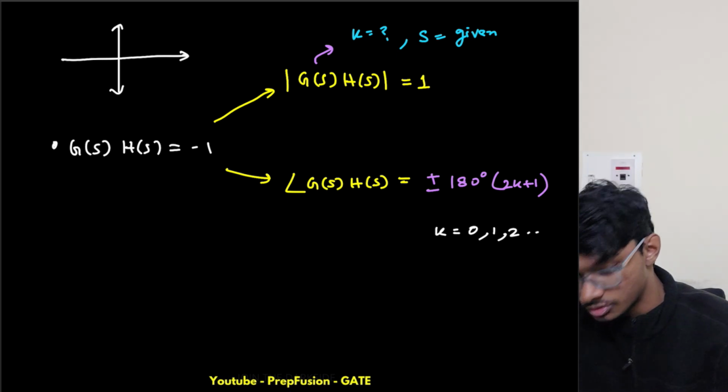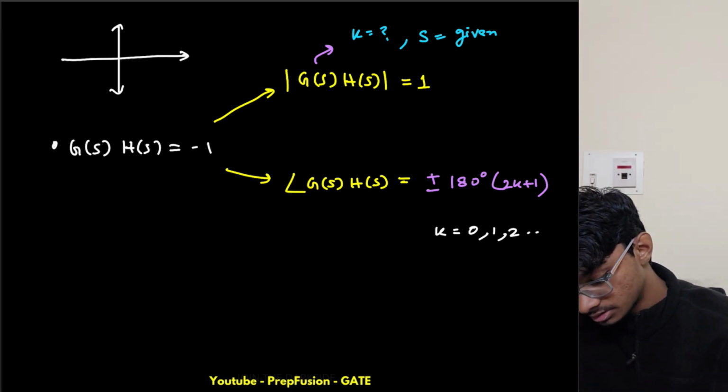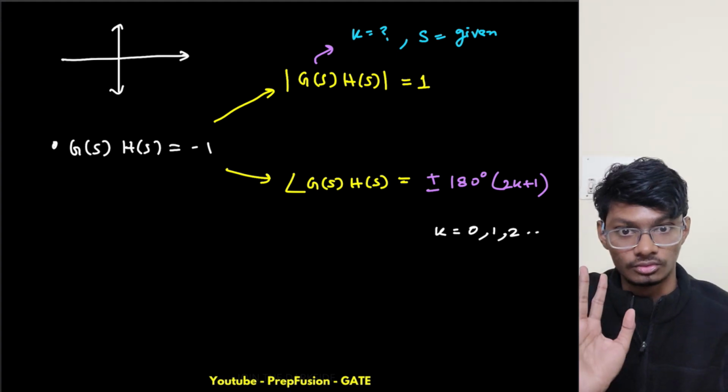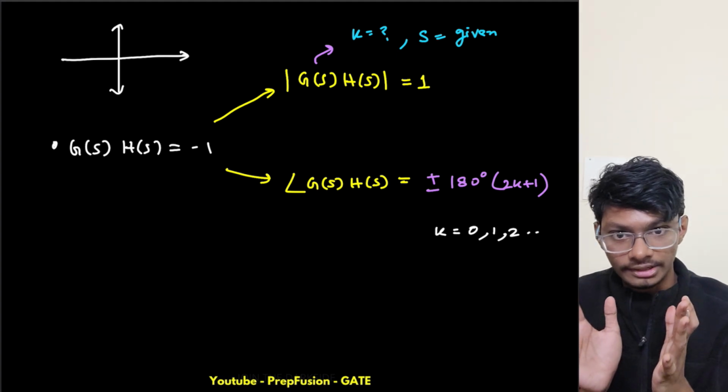Now this is also known as the magnitude condition, because we are comparing the magnitude. But this is only valid when we know exactly that my s lies on the root locus. If s doesn't lie on the root locus, then this won't be valid. Obviously this won't be valid.